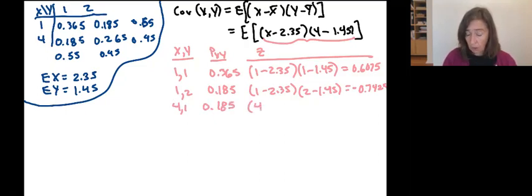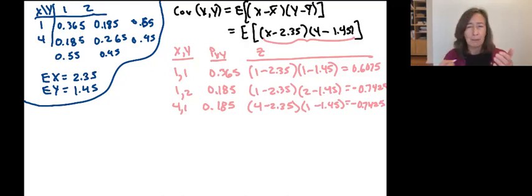So now X is 4, subtracting off the expected value of X, multiplying that by Y equals 1 in this row, subtracting off the expected value of Y, that also equals negative 0.7425. Yes, we just got the same number in two rows. Don't get too excited about that. It's happening because this is a super simple random variable with just two values, and the cases happen to have the same probability assigned to them. It's generally not true that these will always be the same.